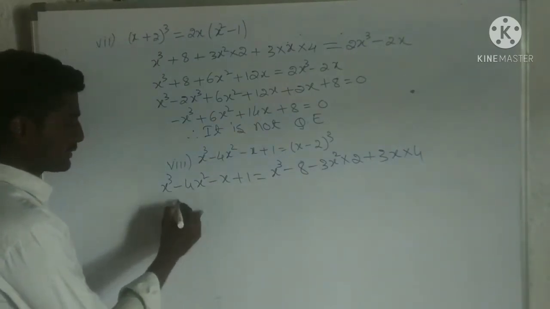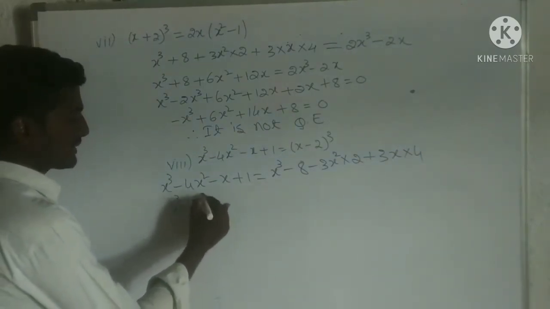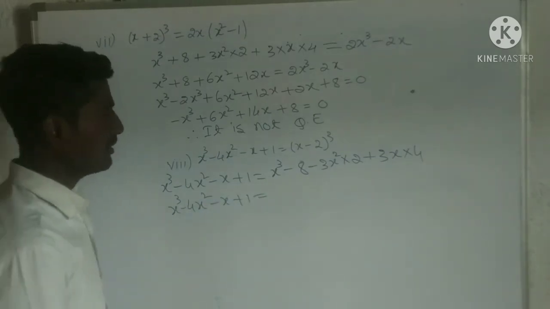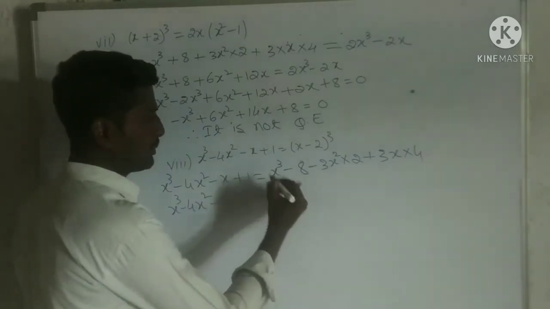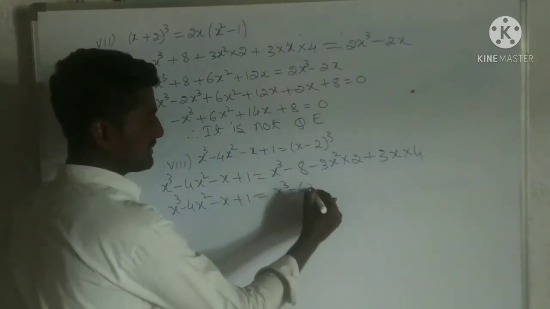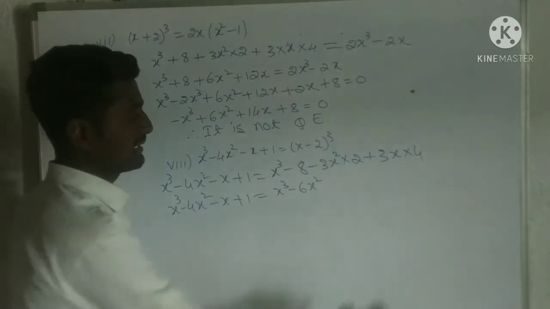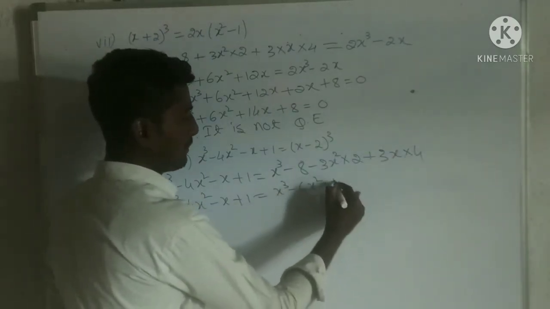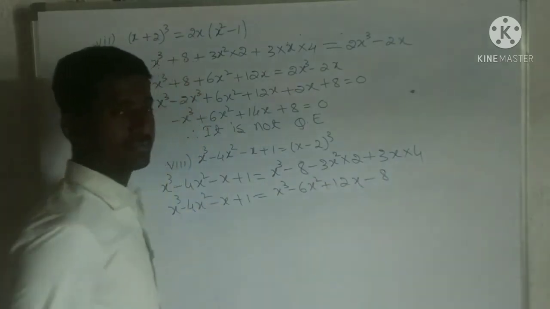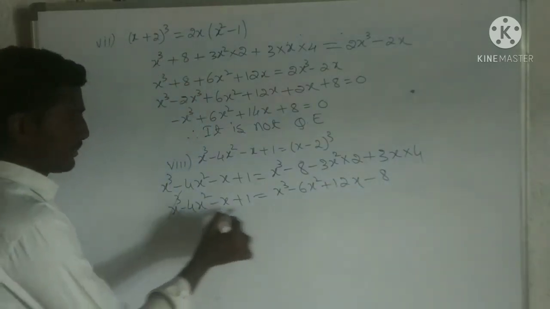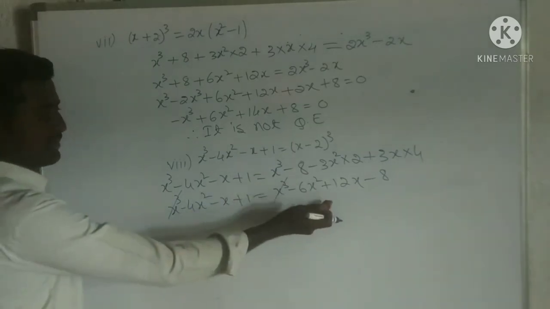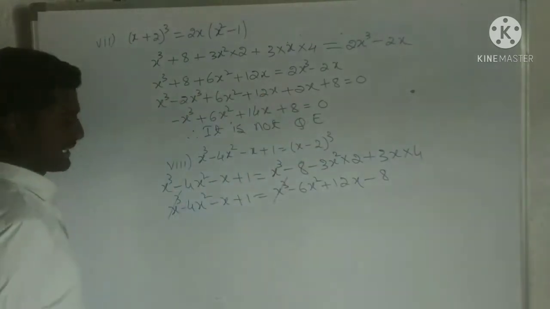Now this is x cube minus 4x square minus x plus 1 is equal to x cube, then minus 3 into 2 is 6x square, and this one 4 into 3 is plus 12x, then minus 8. Now here x cube and x cube terms will get cancelled. Now I'll take these terms to the left side.